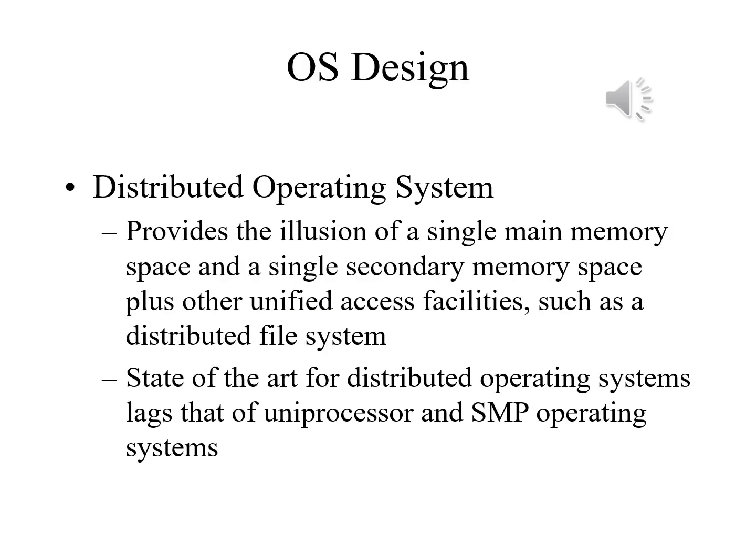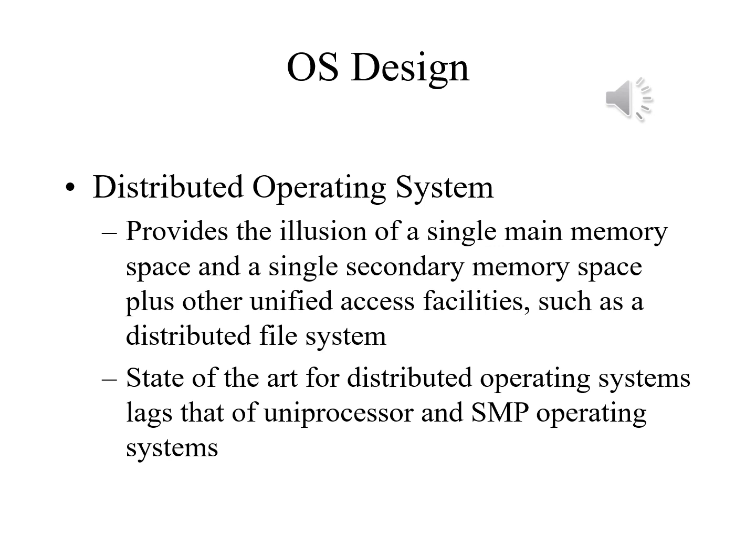A different problem is to provide the appearance of a single system for a cluster of separate computers, that is, a multi-computer system. In this case, we are dealing with a collection of entities or computers, each with its own main memory, secondary memory, and other I/O modules.